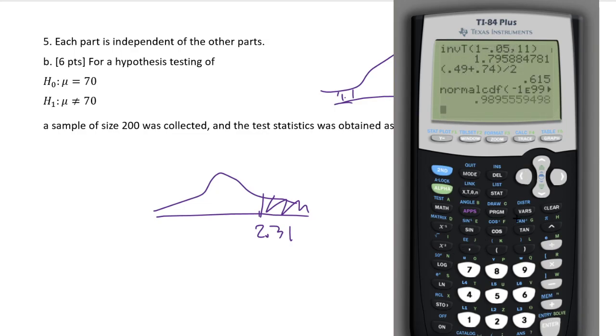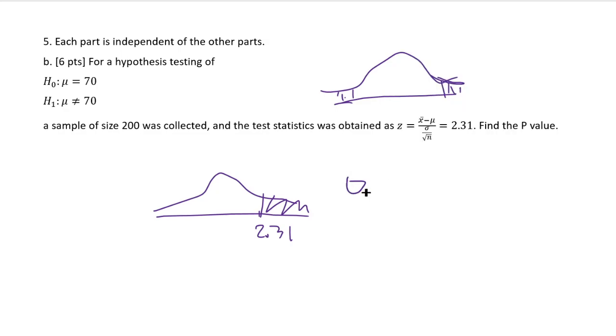And if I paste it, you get 0.989555, but that will be this area, right? 2.3 and afterwards, it'll be a very small area, and that would be 1 minus this area, so we should really do 1 minus the normal CDF, and we paste it, and we get 0.01044, okay?